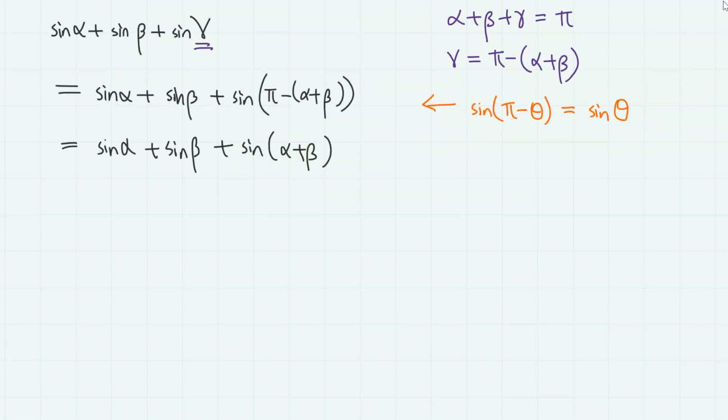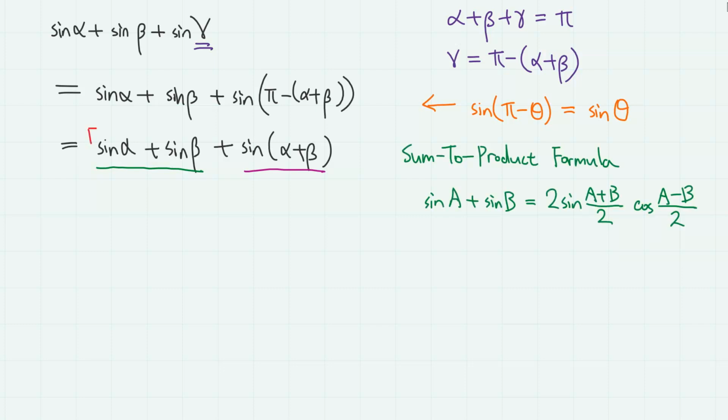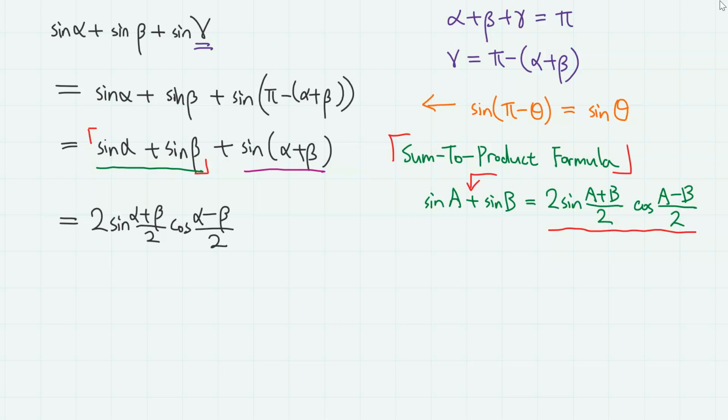Now here comes the interesting part. We want to change both sine alpha plus sine beta and sine (alpha plus beta). First, we will change this sine alpha plus sine beta part using the sum to product formula, where you can convert the sum of sines into an expression that only contains products. So by this formula, we have 2 times sine (alpha plus beta) divided by 2 times cosine (alpha minus beta) divided by 2.